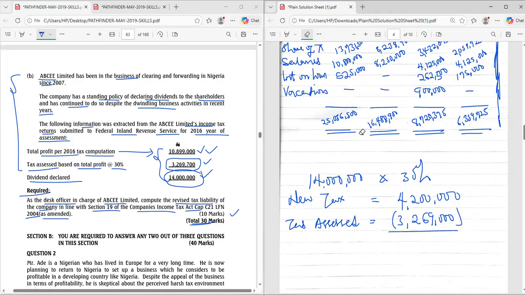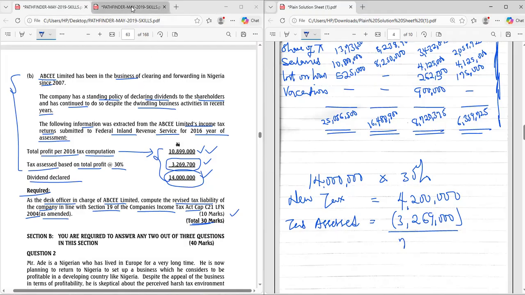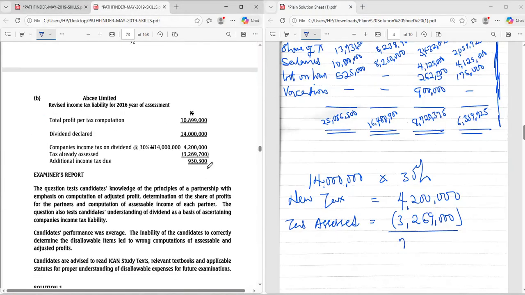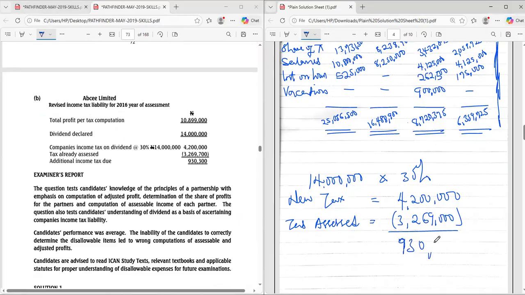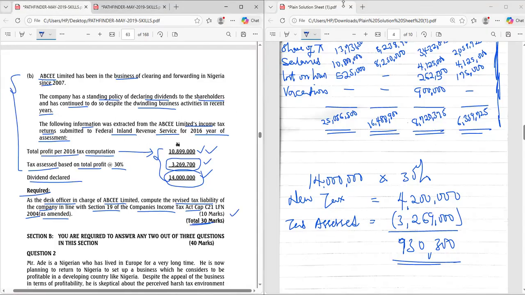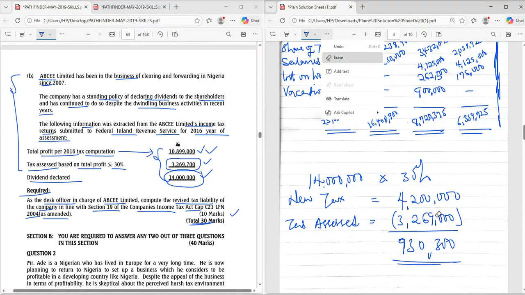So it simply means that you are going to pay extra 700,000 as tax. Let me confirm. The figure you are giving to me, I don't understand. 930,300 now. It's 700. 930,300. Is it 700? Okay, yes, 700.